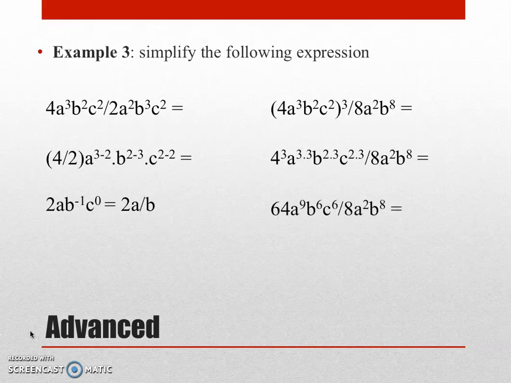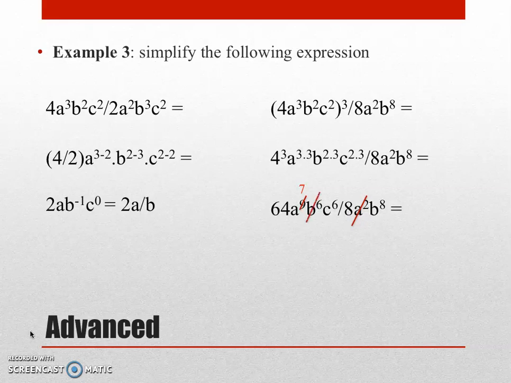So 64a to the power of 9, b to the power of 6, c to the power of 6, divided by 8a squared b to the power of 8. Let's simplify right here. We know that a squared can get canceled, and we're going to be left with a to the power of 7 in the numerator.